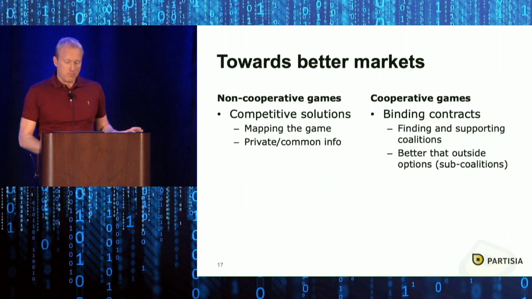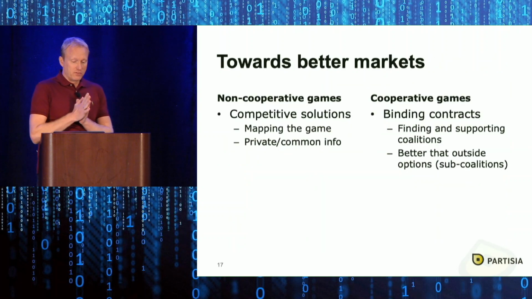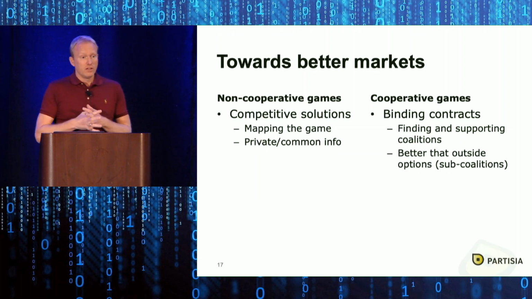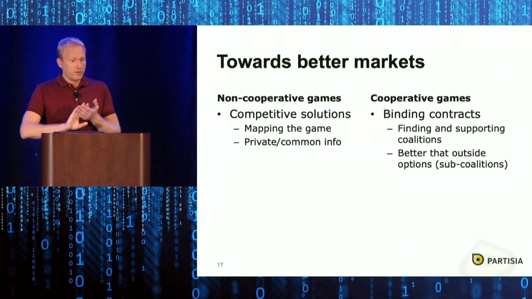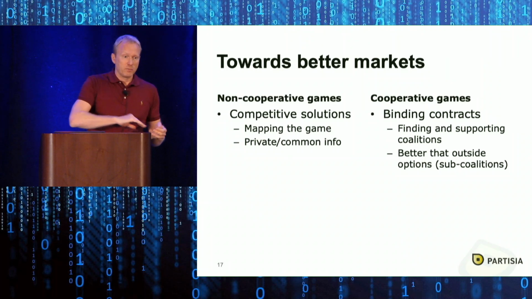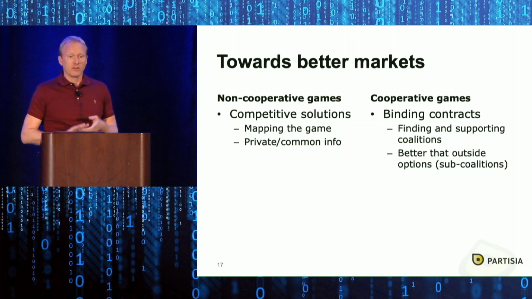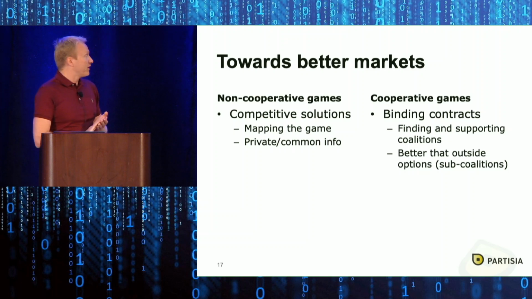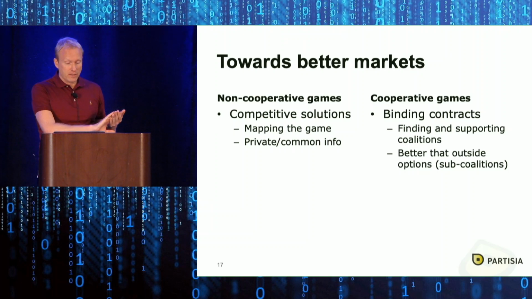So maybe a few words about the type of market mechanisms or solutions that you would typically look at. You would either consider some non-cooperative solution, where you're competing about winning an auction or competing in a negotiation. There are a number of different non-cooperative games.